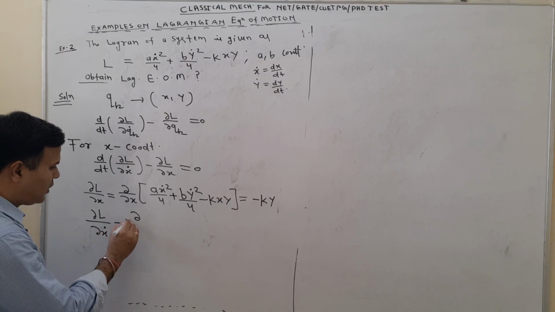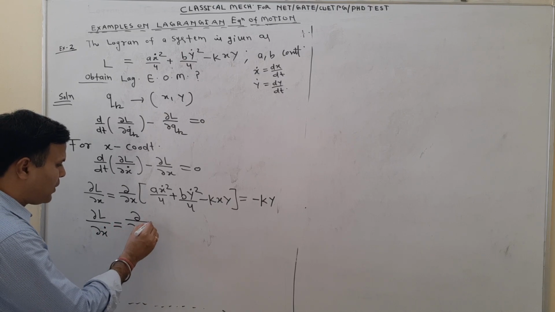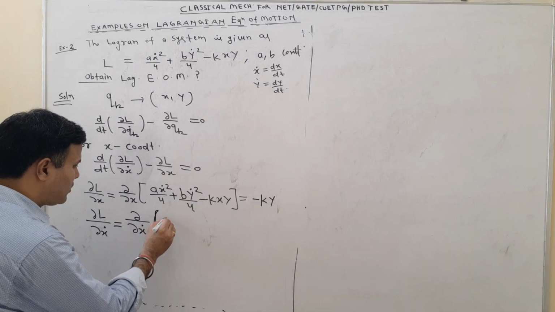And what is del L upon del x dot? Again differentiating our Lagrangian partially with respect to x dot.